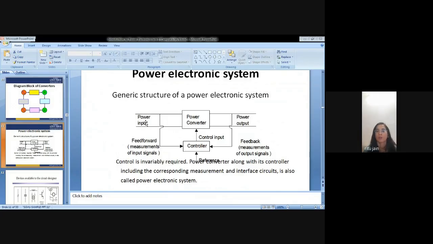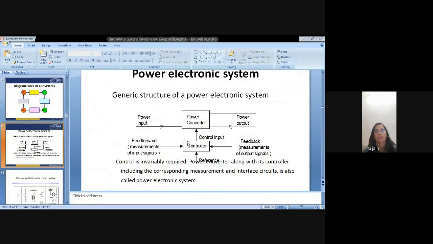By the help of power electronic devices, you can easily convert AC to DC, DC to AC, DC to DC, and again AC to AC. So the power converter converts the input to whatever output you want, but it requires a control unit.